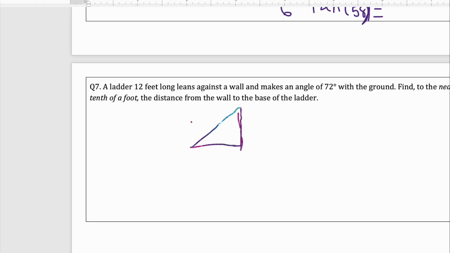So the ladder is 12 feet long, and it makes a 72-degree angle. And we need to find the distance from the wall to the base of the ladder, so this distance. Okay, so in relation to our angle, we have adjacent and we have a hypotenuse.